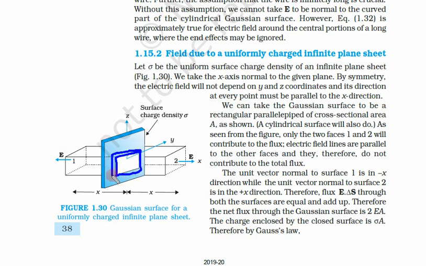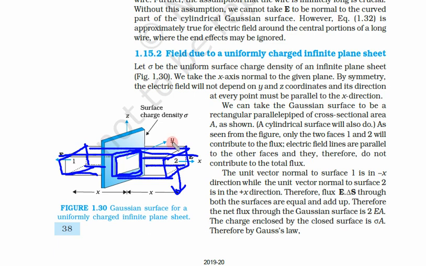Since the sheet is infinite, we extend this small part in the x direction and in the minus x direction. So we come across this kind of box structure, which is a parallelepiped.